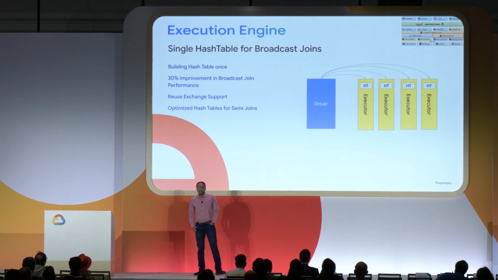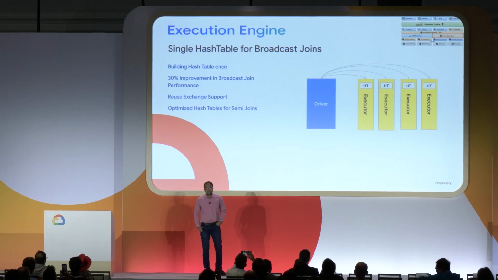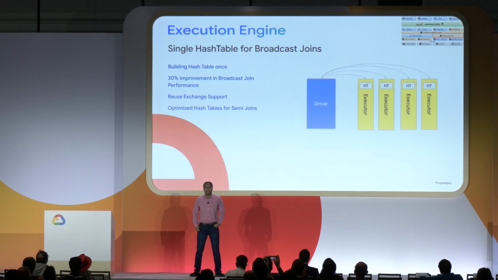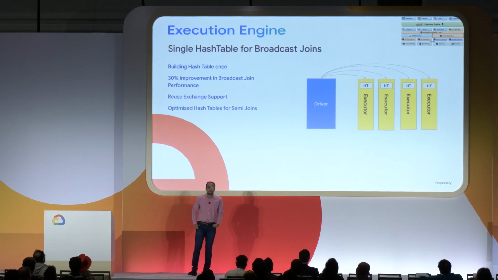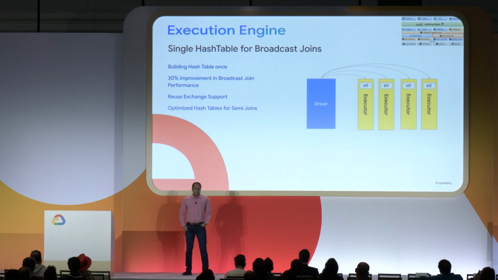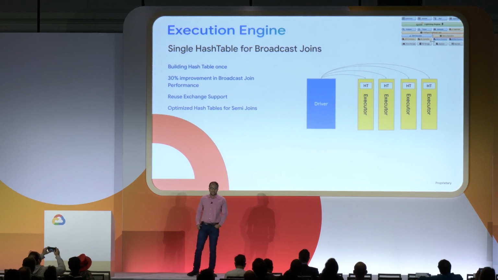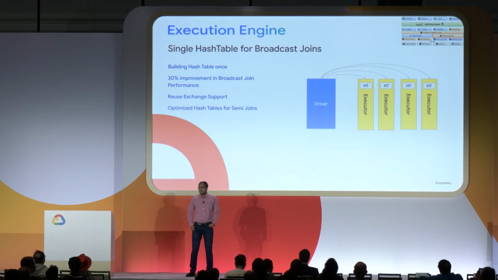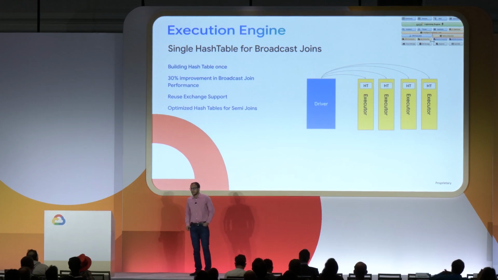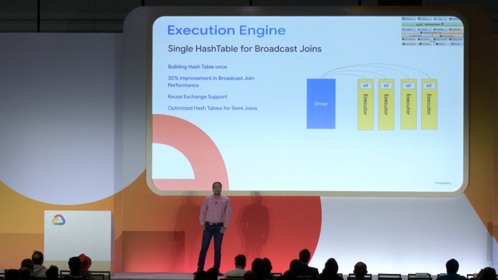Another quick optimization that I wanted to talk about is broadcast hash joins. 40% of our workloads have broadcast hash joins. It is a very common technique in Spark to improve performance. In Spark, if you look at broadcast hash joins, we are building hash tables in each task. This not only degrades the performance, but it also impacts the memory layout, because each task is having a copy of the hash table.